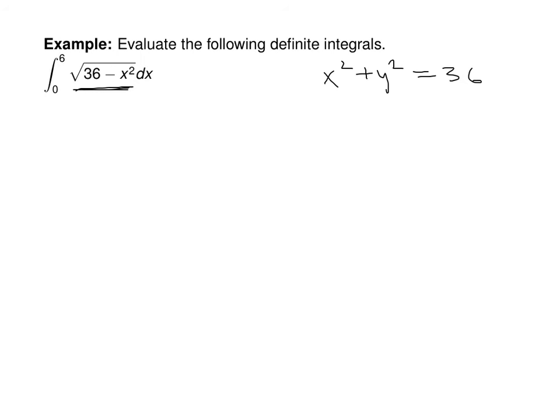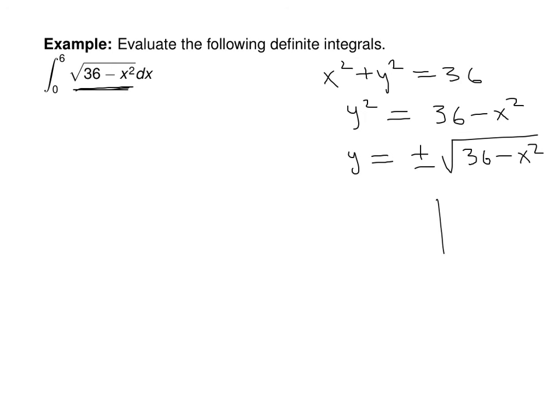Solve that for y. Y squared is equal to 36 minus x squared. Technically, y equals plus or minus the square root, 36 minus x squared. Now, the positive root gives you the upper half of that circle. The negative root gives you the lower half of that circle.